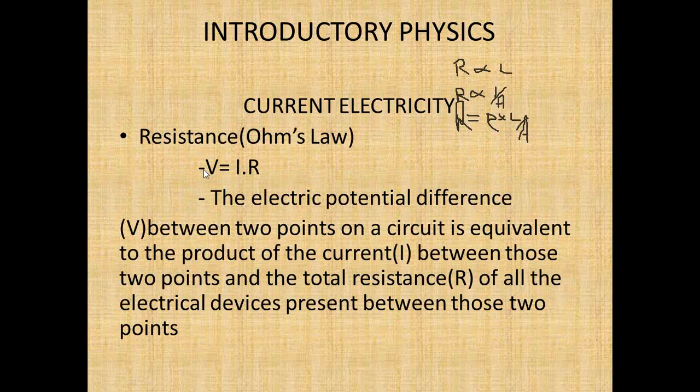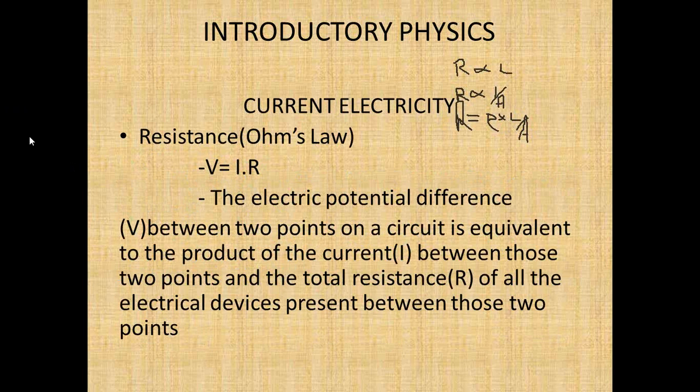Electric potential difference is equal to the current flowing times the resistance. The electric potential difference between 2 points on a circuit is equivalent to the product of the current between those 2 points and the total resistance of all the electrical devices present between those 2 points. Very crucial equation.